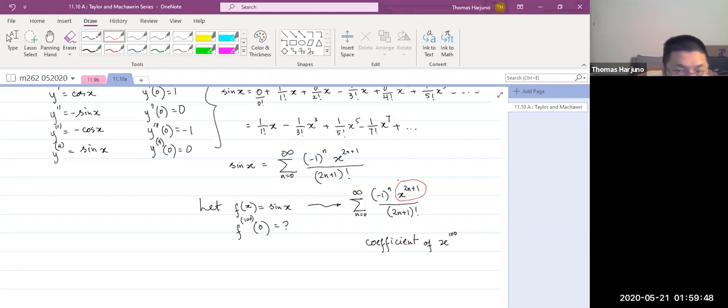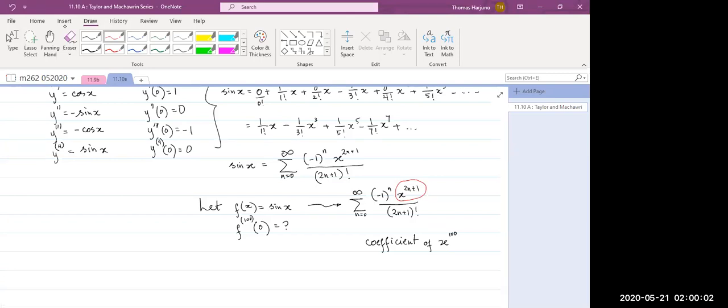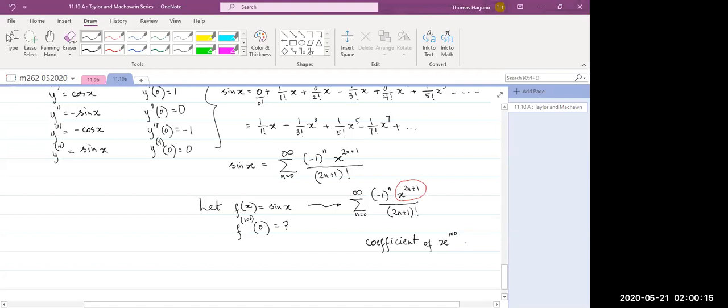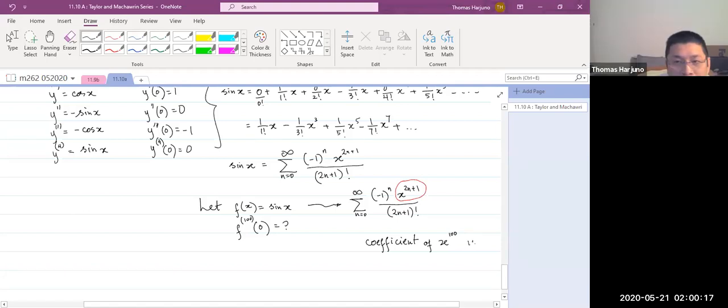When n equals 50, that's x to the 101. When n equals 49, that's x to the 99. Right? So is the coefficient 99 over 2? But we don't have such n though. n has to be an integer, right? Okay, so the coefficient of x to the 100 is 0.